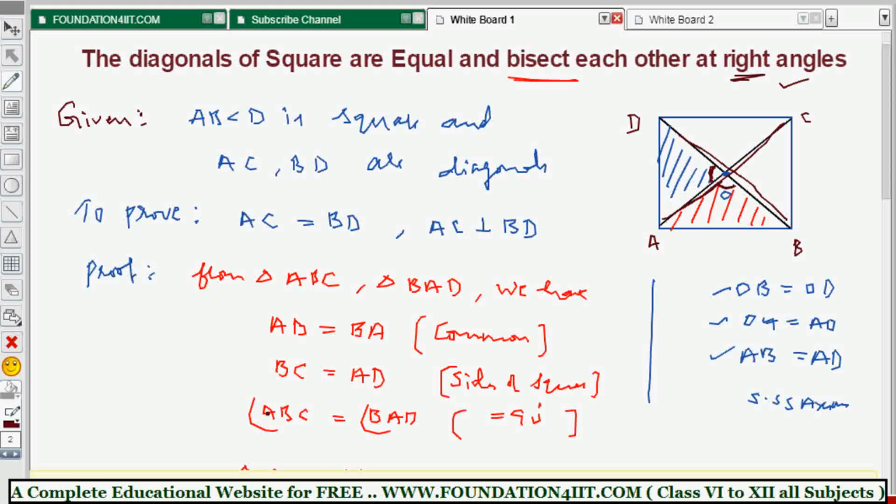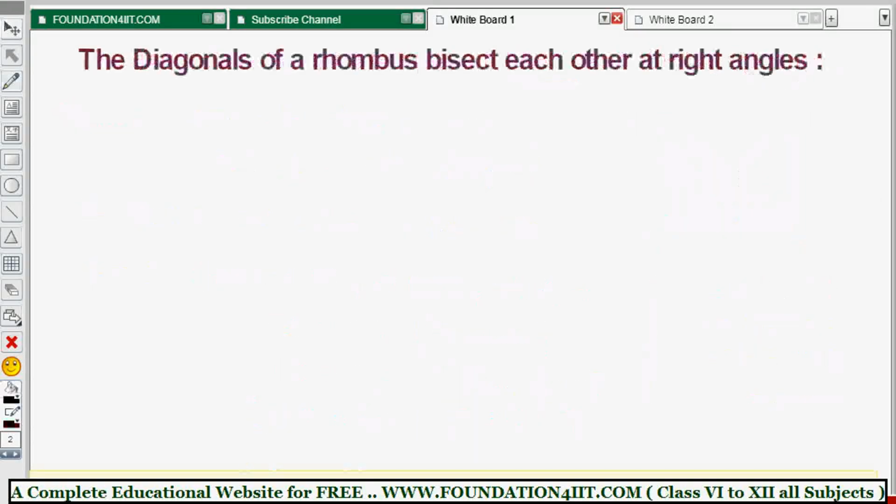At the same time, we will show you the diagonals of a rhombus also bisect each other at right angles. To prove this theorem, we need to take one rhombus. We have to prove that when the two diagonals intersect each other, they form right angles at that place.